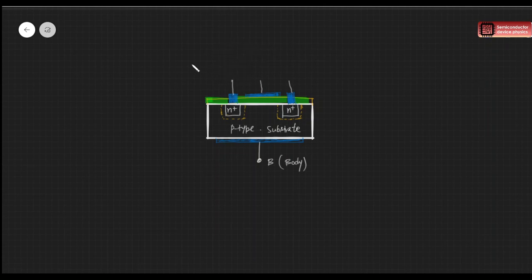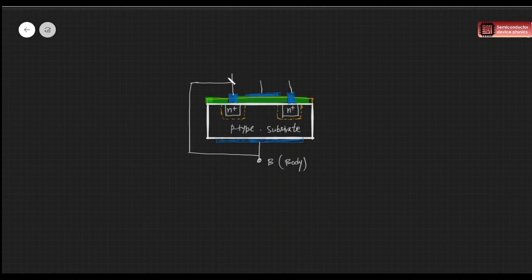Usually in the MOSFET, we generally connect the source terminal and the body, we short them together. We connect these two terminals internally, and then we apply a voltage between the source and the gate.